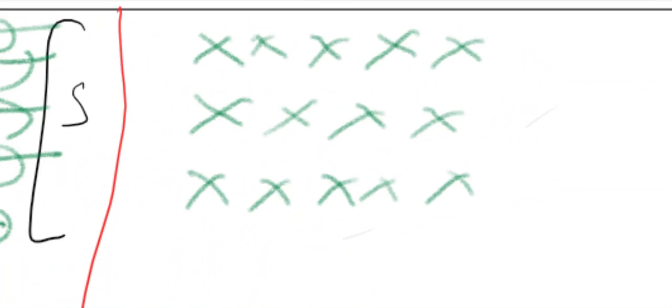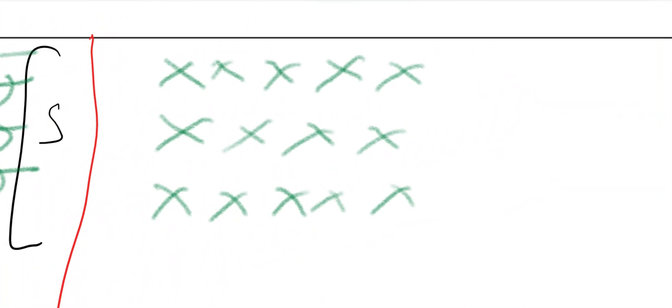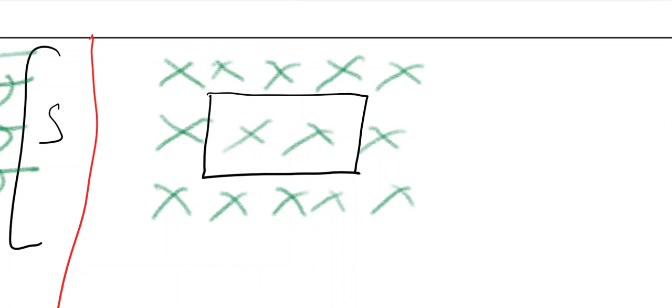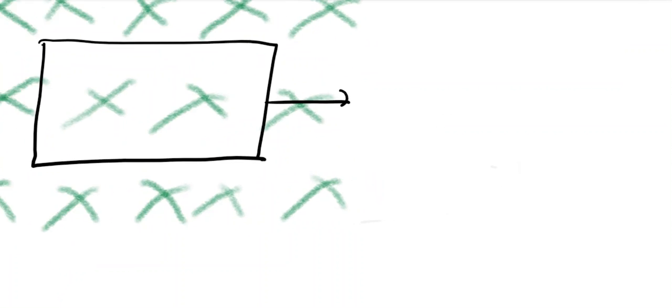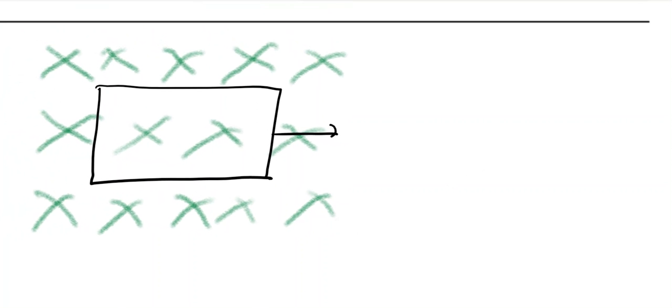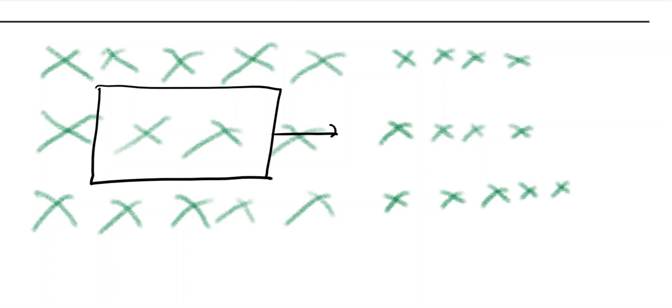And now in this case we have a loop like this. So what will happen? As I move the loop, as you drag it out, initially some part of the loop will go out.